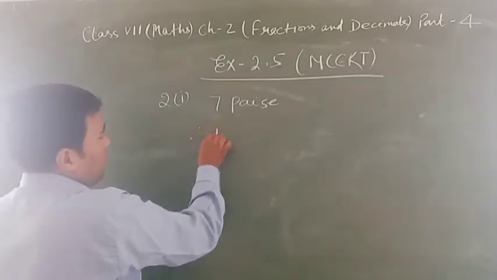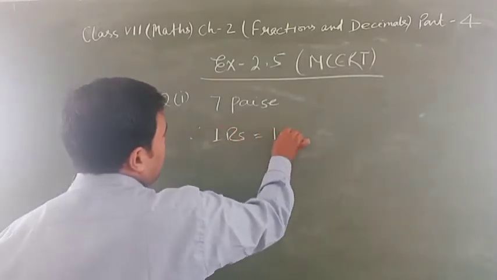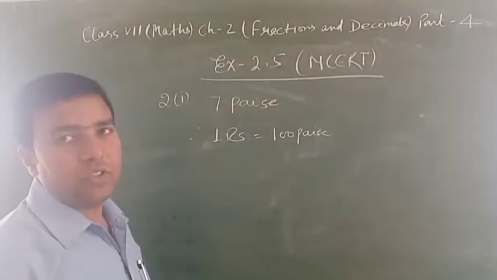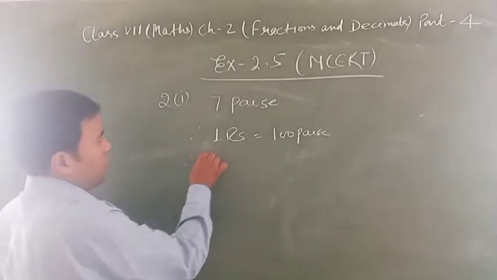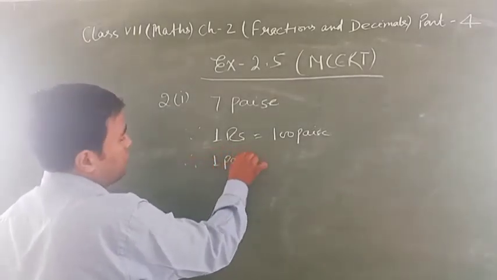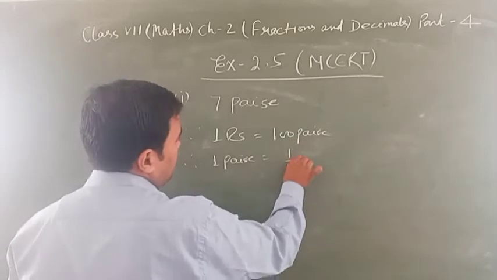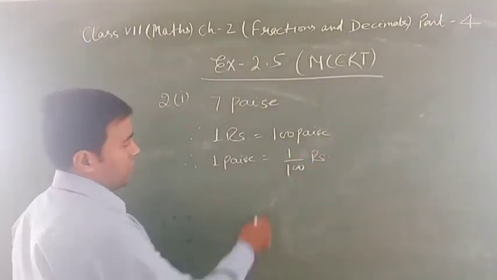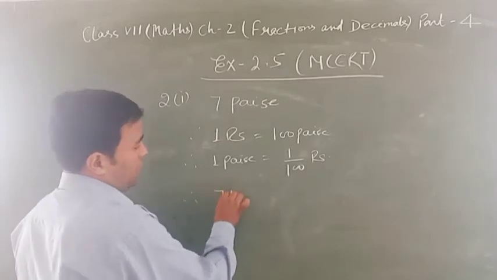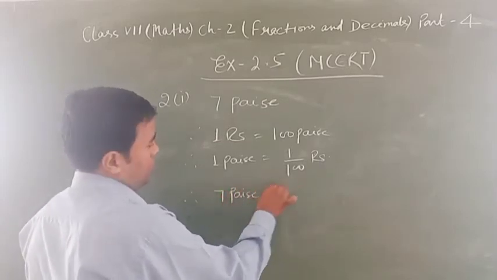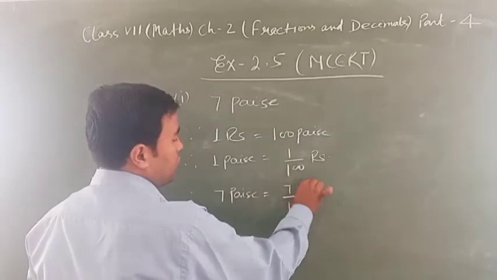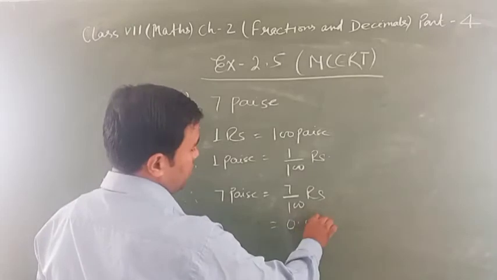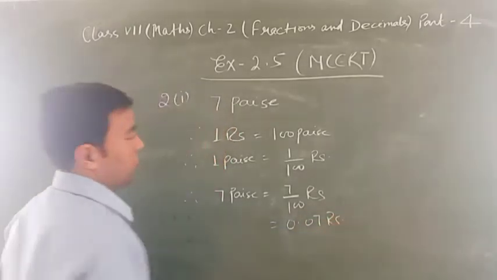Since 1 rupee is equal to 100 paise, therefore 1 paise is equal to 1 by 100 rupees. So 7 paise means 7 by 100 rupees, which is 0.07 rupees.